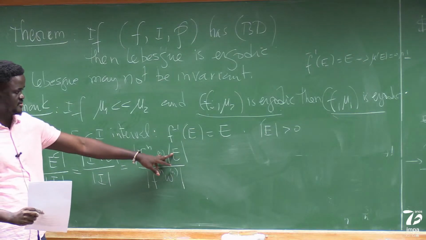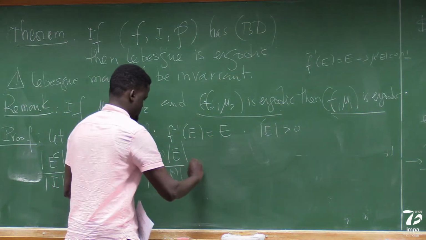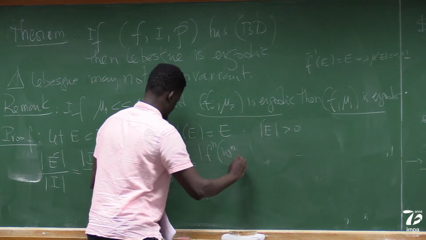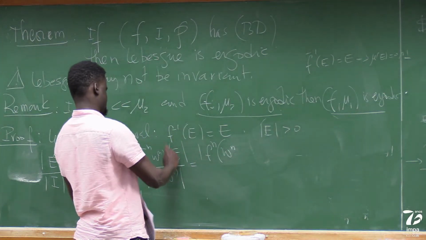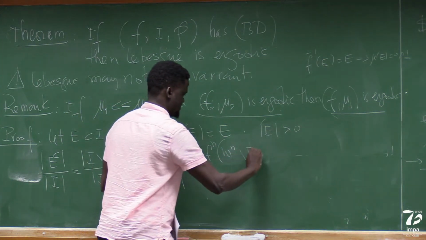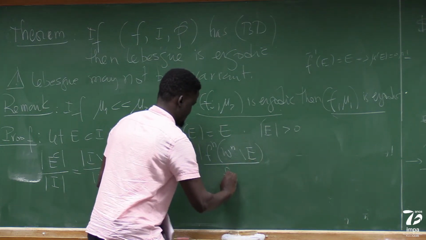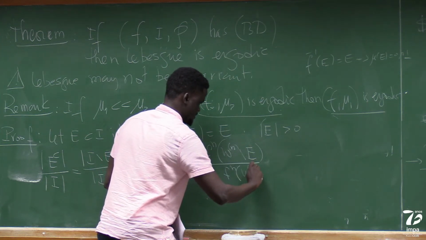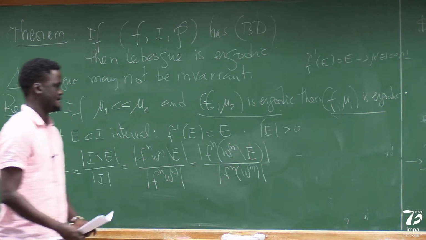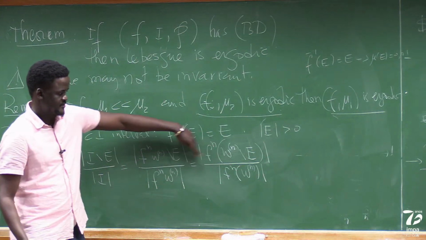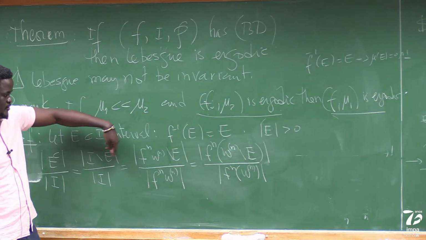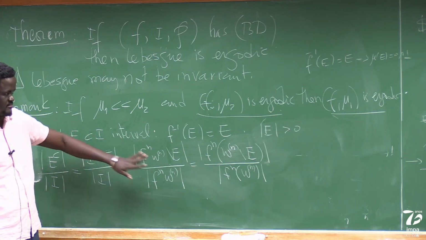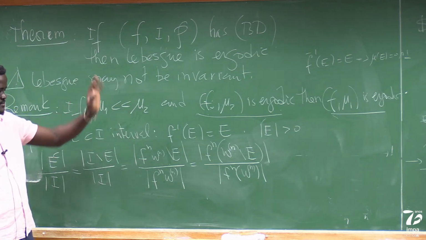And by invariance, you can write this as f^n of omega_n minus E over f^n of omega_n. This is true for any omega_n, because any omega_n you choose is mapped to the whole interval.